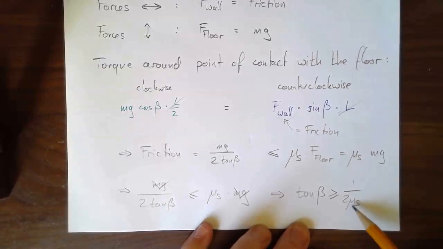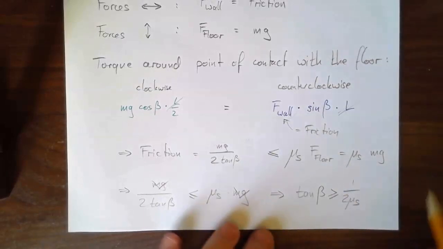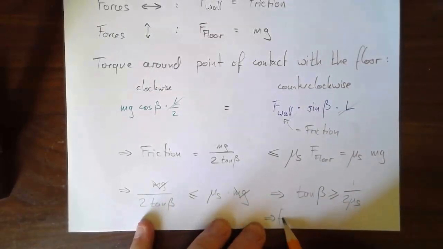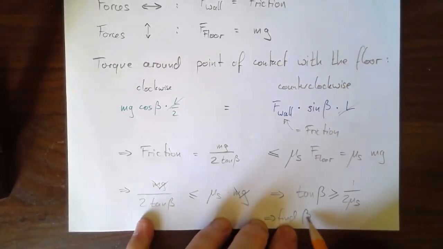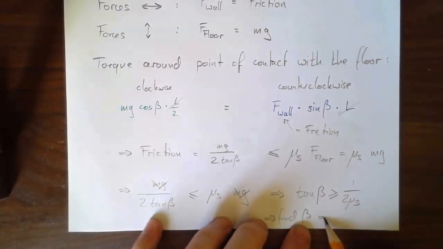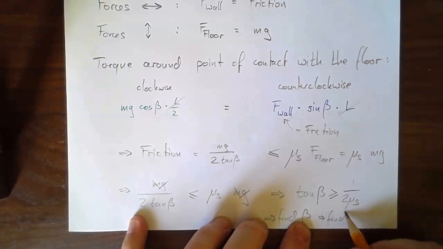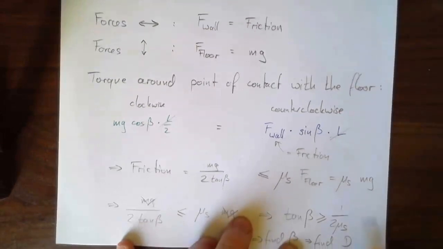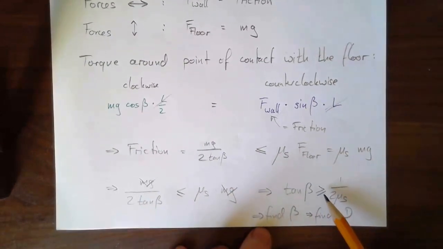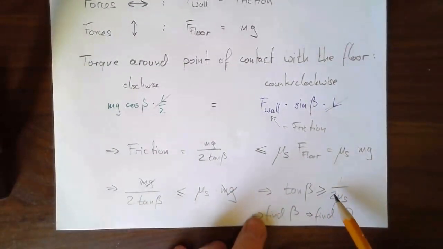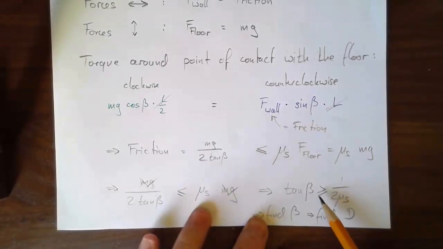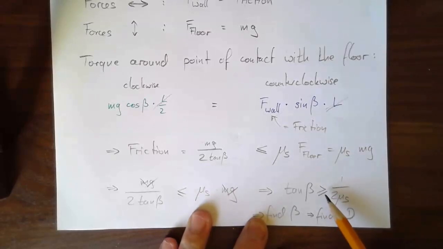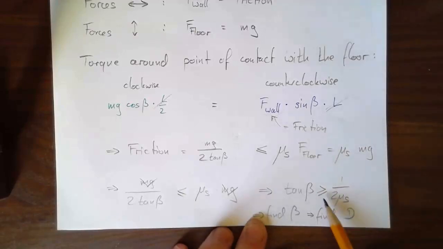Now if I know the value, I can plug it in. I can find beta by taking the inverse tan, and I can then finally find the distance d. Of course, I'm assuming equality for the limiting case. Equality here is that point where it's just about to slip, but not quite. If you make the angle the teensiest bit smaller, it's going to slip.